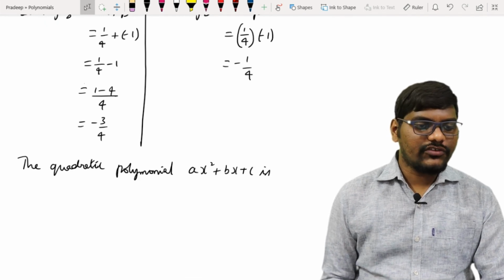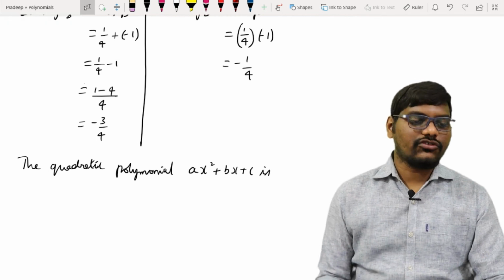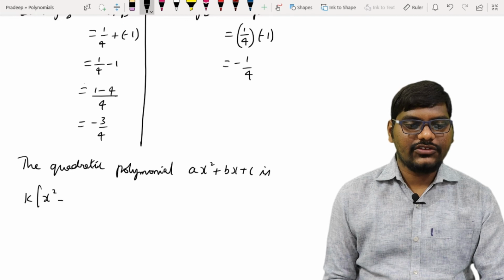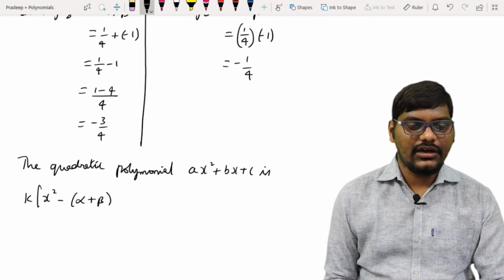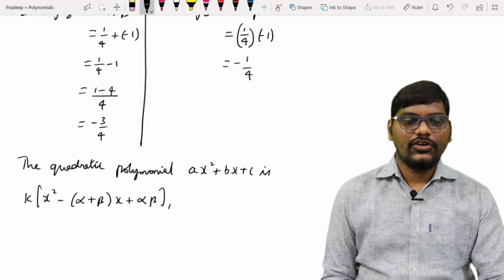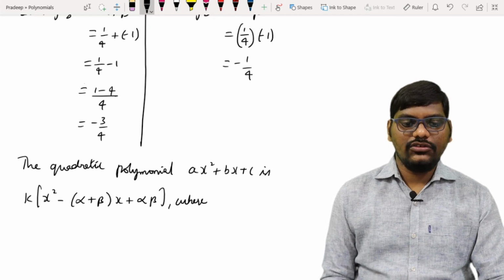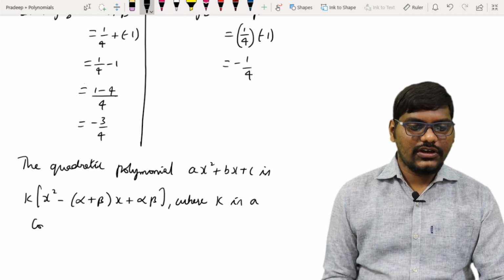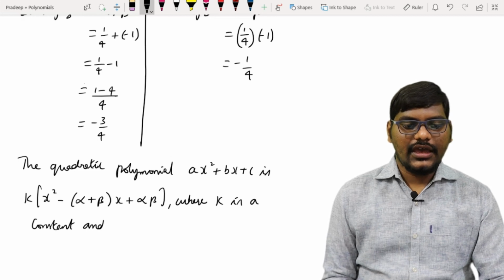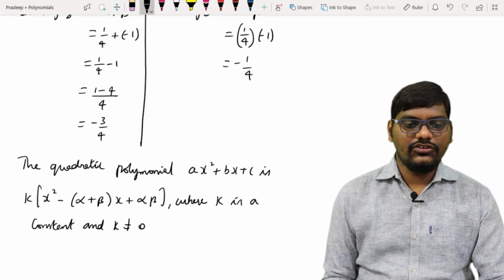Okay, so what is the form for sum and product when it was a quadratic equation? That is k into x square minus the sum, alpha plus beta, x, plus the product, alpha beta. Okay, what about the k value? I can write k is a constant term, and k is not equal to 0.